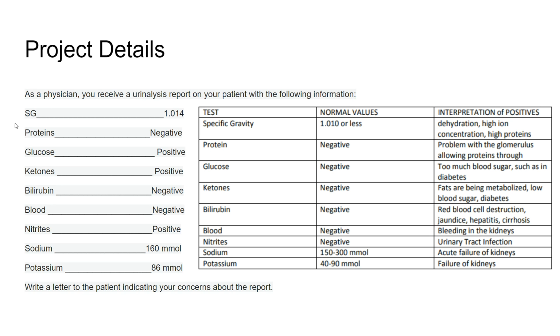So the specific gravity, 1.014. So it is slightly bigger, but not by much. If I was a physician, I would call them and say, hey, you had urine that's maybe showing that you are a little dehydrated. Make sure that you drink the proper amount of water each day.